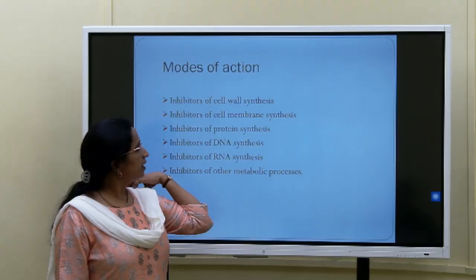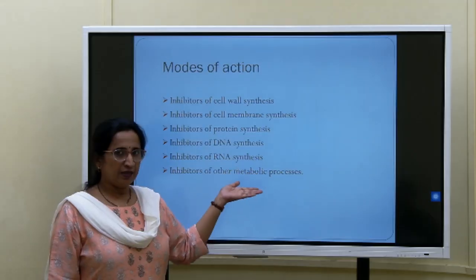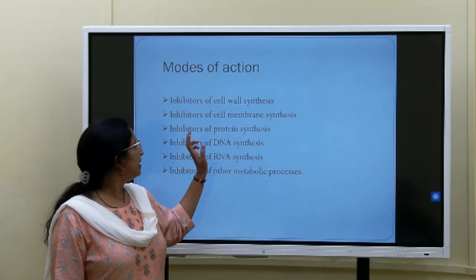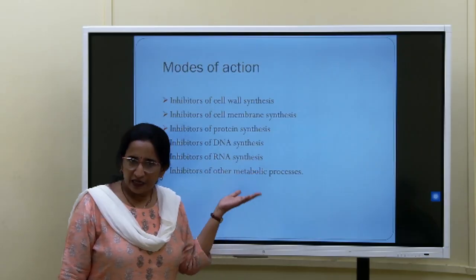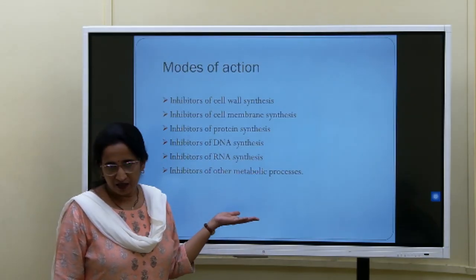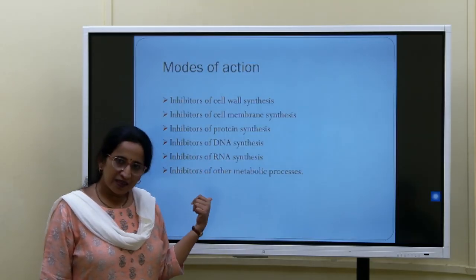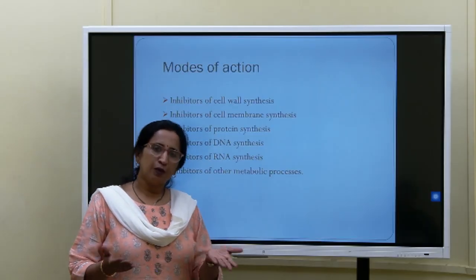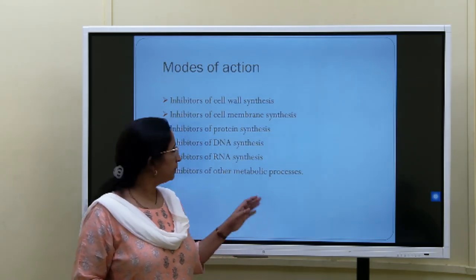The second category are those antibiotics which inhibit cell membrane synthesis. Third, antibiotics that prevent synthesis of proteins. Fourth, antibiotics preventing DNA synthesis. Fifth, agents that prevent RNA synthesis. And finally, there are a few antibiotics which have other modes of action, which may target some other important metabolic pathways.